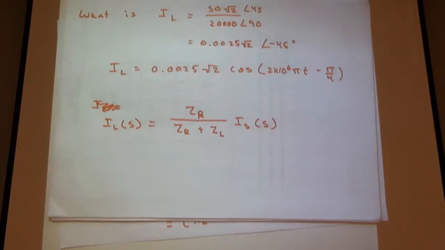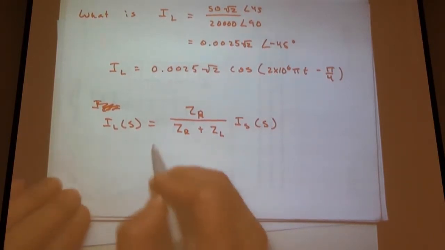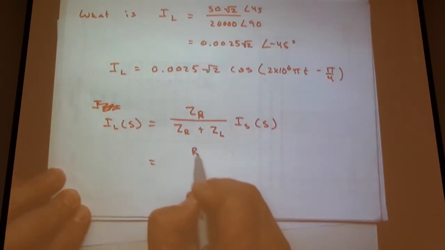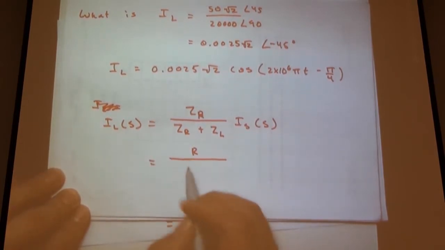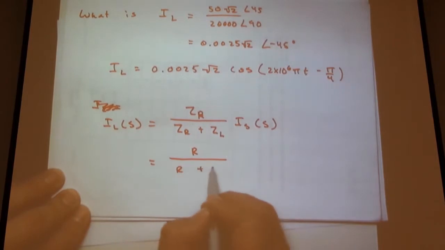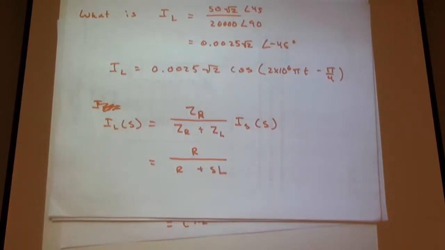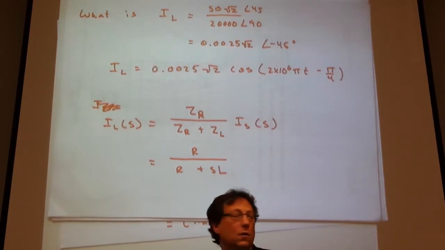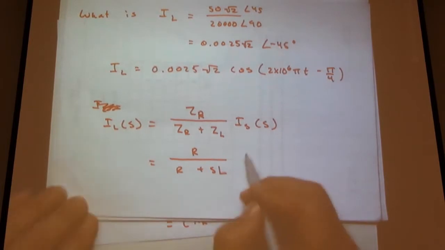And ZR is R, and ZL is SL. So I promised these guys wouldn't go away, and I knew you were worried. So this winds up being R over R plus SL. And yes, S is j omega, but we can leave it like this for the moment, times I source of S.